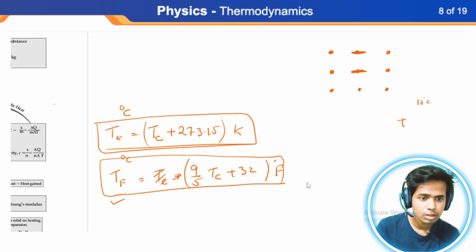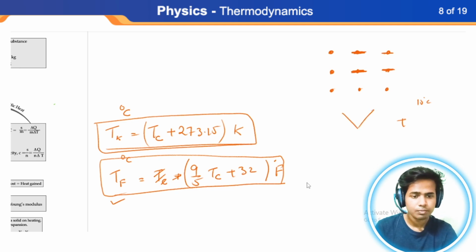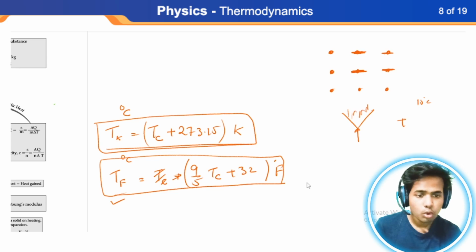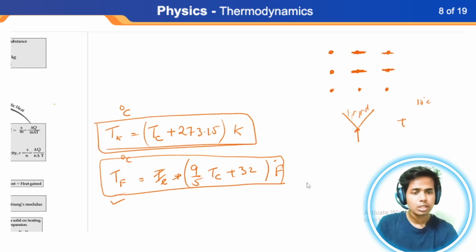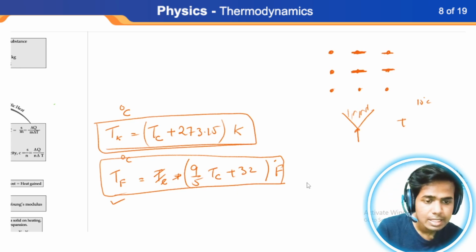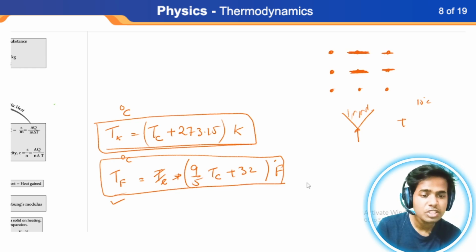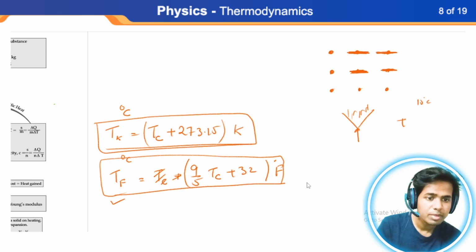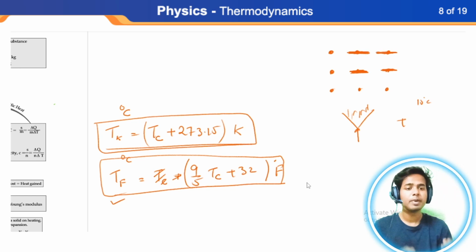Now what I do is maybe heat it up. I give more heat into the system, due to which the heat energy of the system must increase, and the temperature also should increase. And when the temperature increases, the vibration becomes more, or the vibration gains more amplitude. Due to it gaining more amplitude, these two atoms are now coming closer to each other, due to which they will repel more.